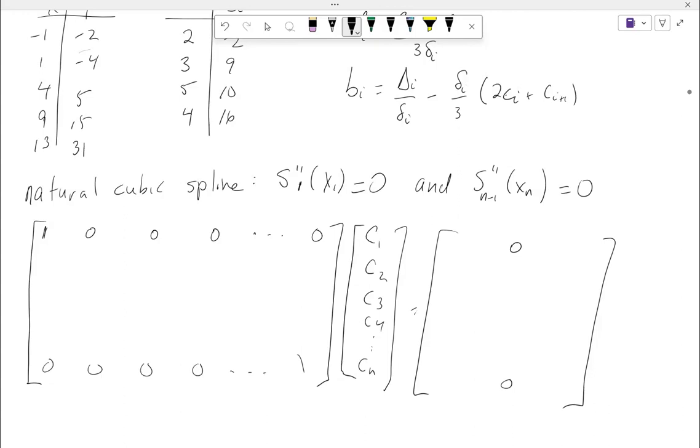All right, so for the other coefficients, remember we had those patterns with the deltas that we came up with. In the very first row, we get a delta 1 here. We get a 2 delta 1 plus 2 delta 2 here, a delta 2 here, and then zeros the rest of the way across. And then we shift over and down, right?